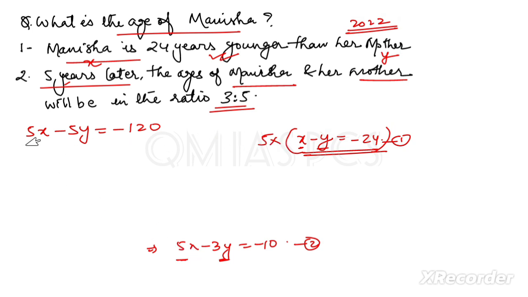And this will be 5x minus 3y is equal to minus 10. Now if both signs are the same, you can subtract. Whenever you are subtracting, write the reverse of each sign: plus becomes minus, minus becomes plus.